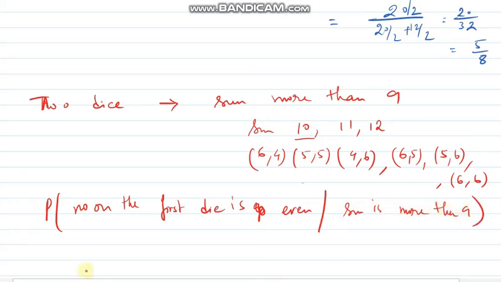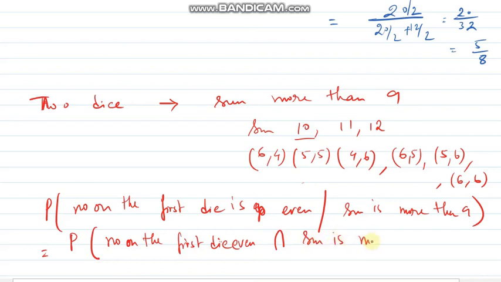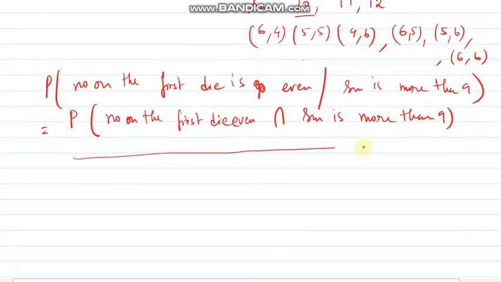Again, if I discuss it, it will be the probability of the number on the first die being even, intersection sum is more than 9, divided by the probability of the sum being more than 9.